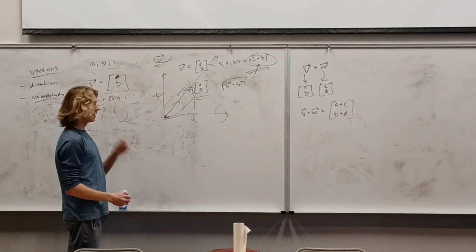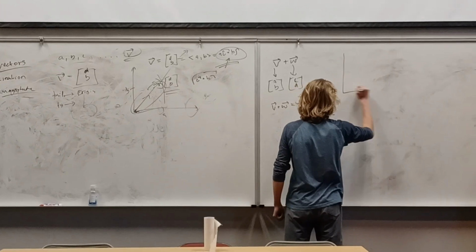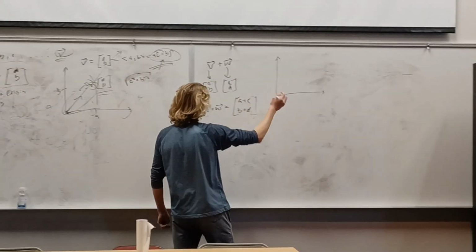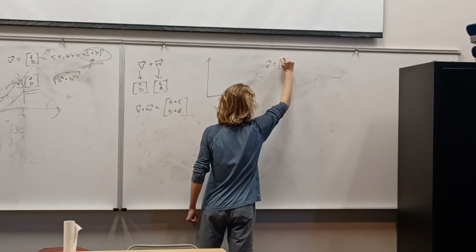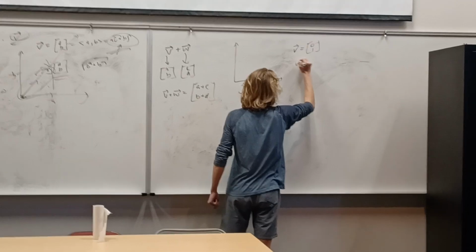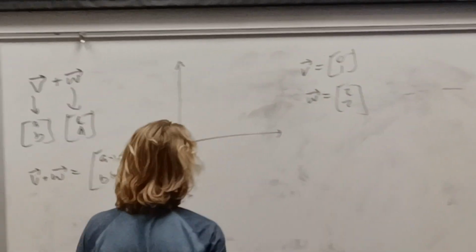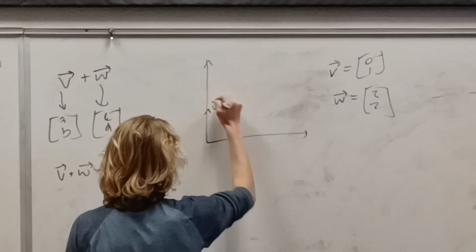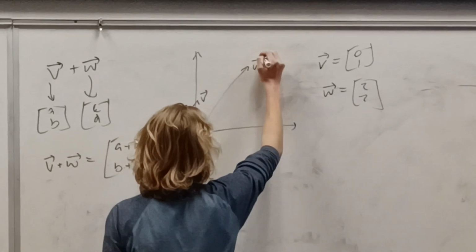So if we look at an example of what this looks like, if we were to draw this out on a graph, I'll say that vector v is 0, 1, and vector w is 2, 2. I'm going to add both vector v and vector w. So this is vector v right here, and vector w is this.